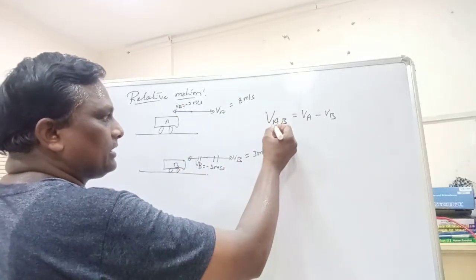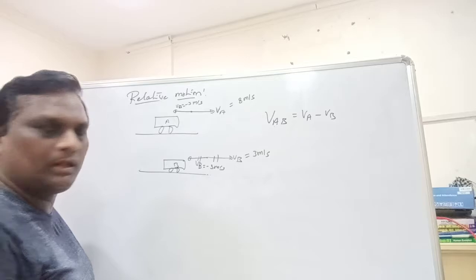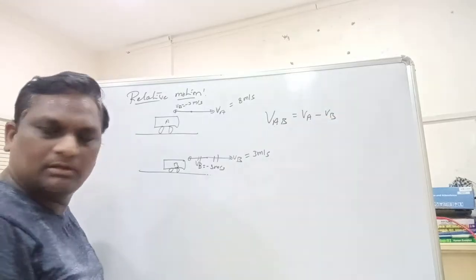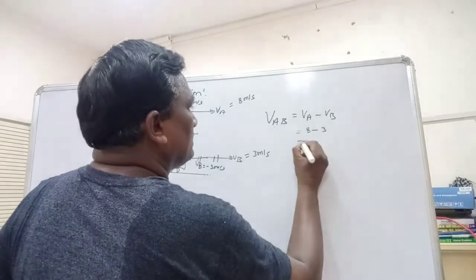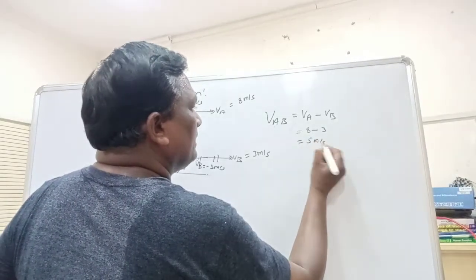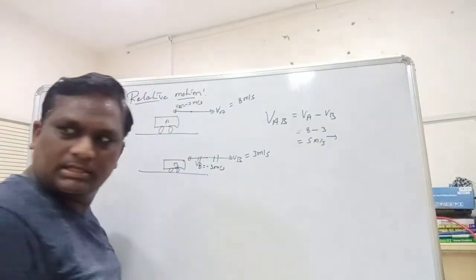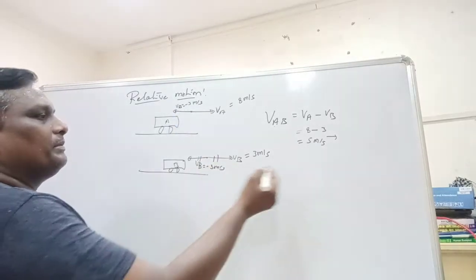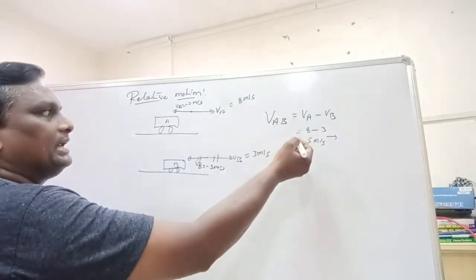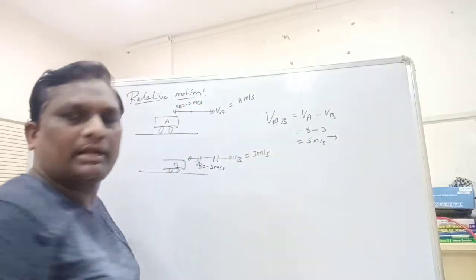So VA minus VB is equal to 8 minus 3, that is 5 meter per second in the same direction. So the velocity of car A with respect to car B is plus 5 meter per second. Plus indicates that it is moving in the same direction.